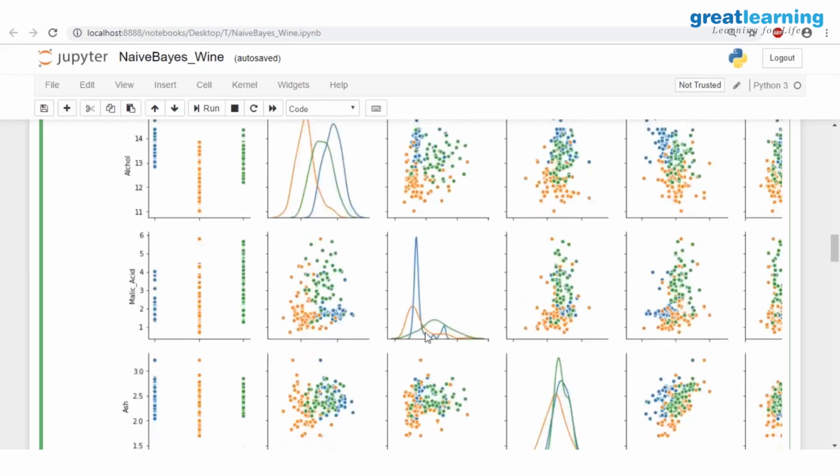Okay, go to the next one. If you observe carefully, for malic acid, what it's saying is the class 1 malic acids are distributed like this, class 2 malic acids are distributed like this, and class 3 is the green one. What we are seeing is outliers here. For the blue class, on this particular dimension, there seem to be outliers.